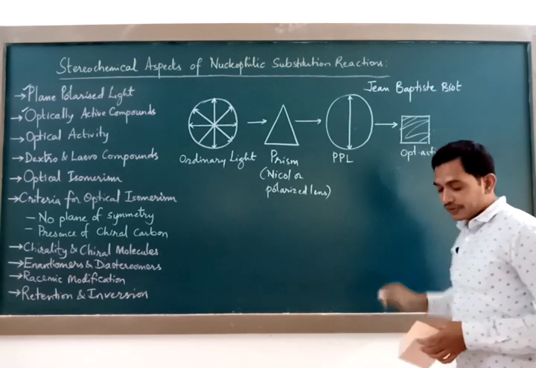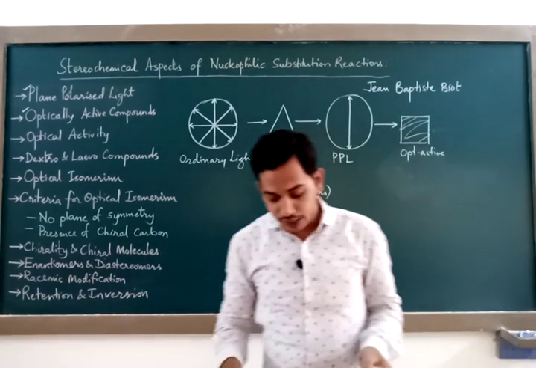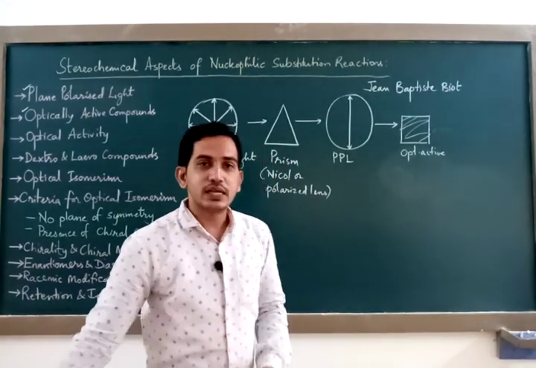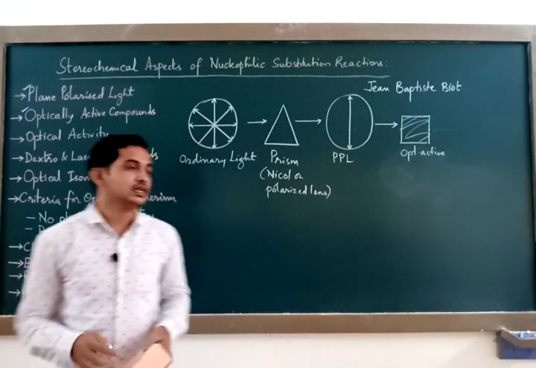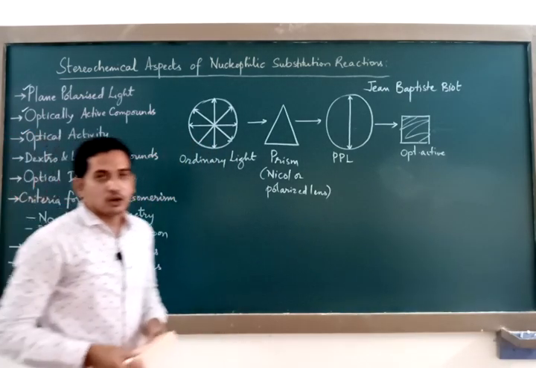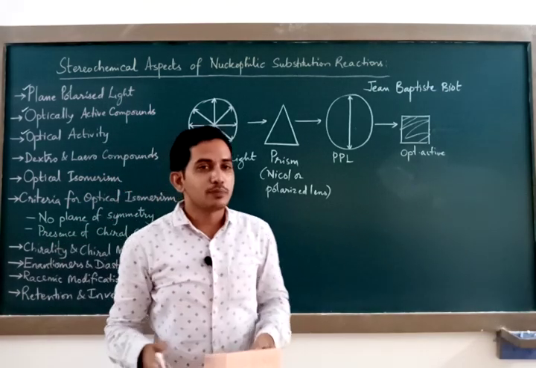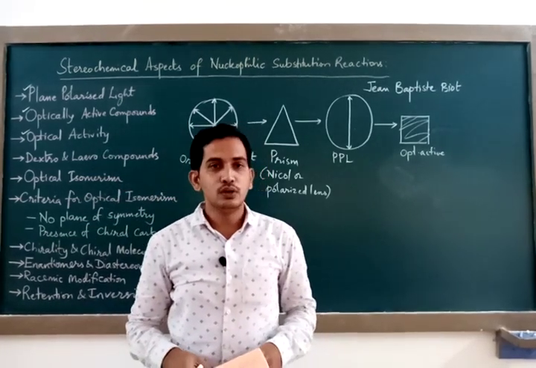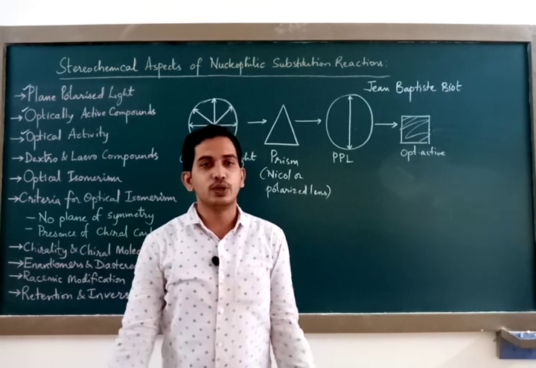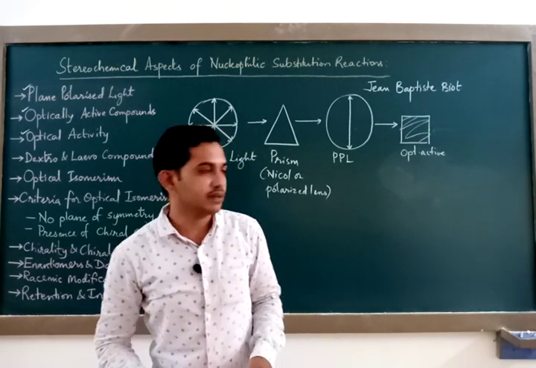The ability of any compound to allow plane polarized light to pass through it is called its optical activity. Optical activity is defined as the property of any organic compound to allow plane polarized light to pass through it.